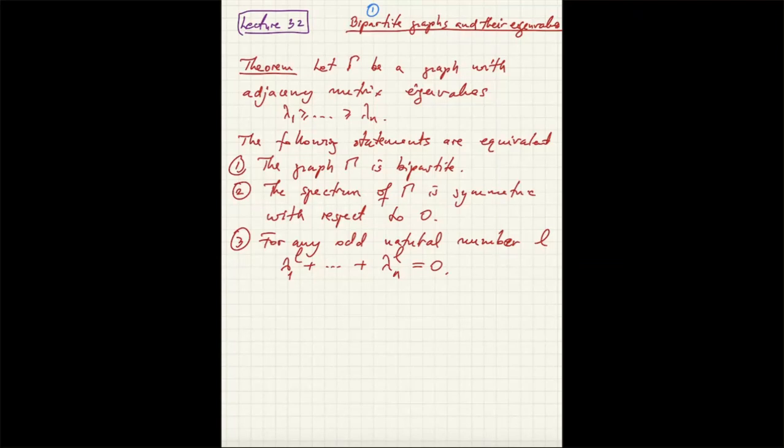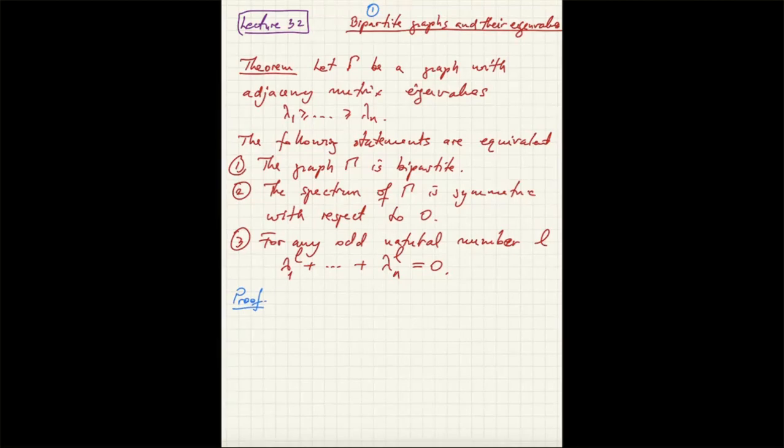If we have a graph with n vertices and adjacency matrix eigenvalues lambda 1 all the way to lambda n, then the fact that the graph is bipartite is equivalent to the spectrum of gamma being symmetric with respect to 0, which is also equivalent to the fact that for any odd natural number L, the sum of the L powers of the eigenvalues equals 0. So let me sketch a proof of this result.